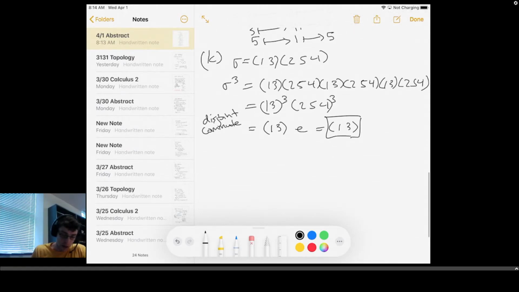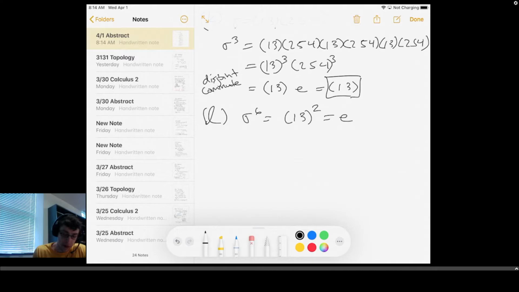And then what about this very last one? So what happens if we do sigma to the 6th? Well, if we know sigma cubed is this, it's this squared, and so that's got to be E. And this is our first little example, right? Something we're going to prove in a bit is that if you have a product of disjoint cycles, then the order is the LCM, the least common multiple, of the orders of the cycles.